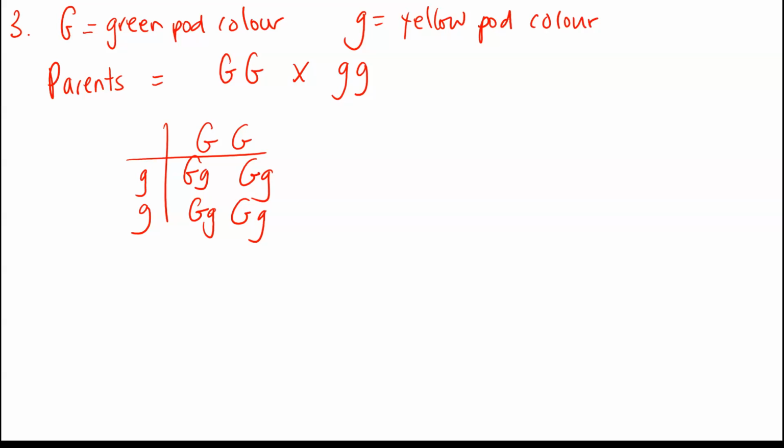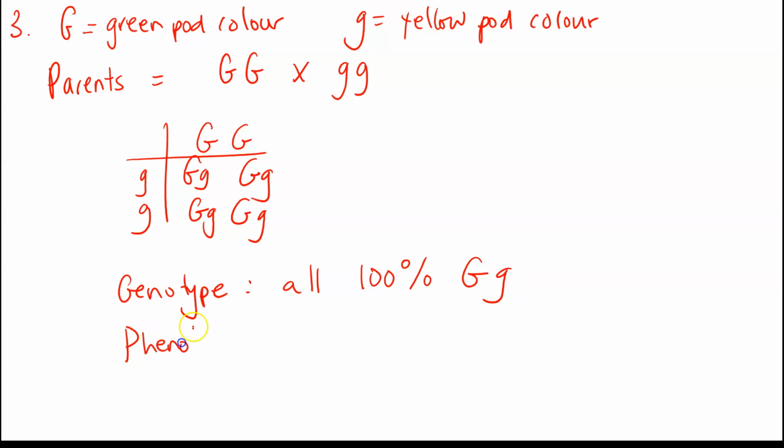So the genotype of the offspring is basically going to be all, or I could also say 100% big G, little g, and phenotype is going to be 100% green pod color. And that's going to be the offspring.